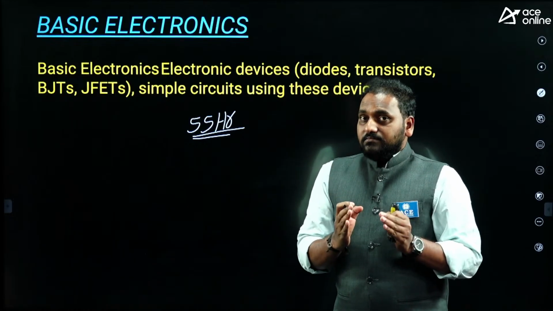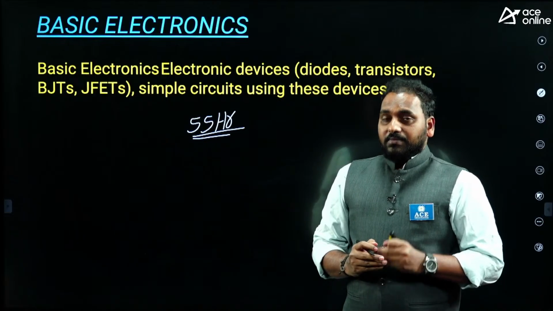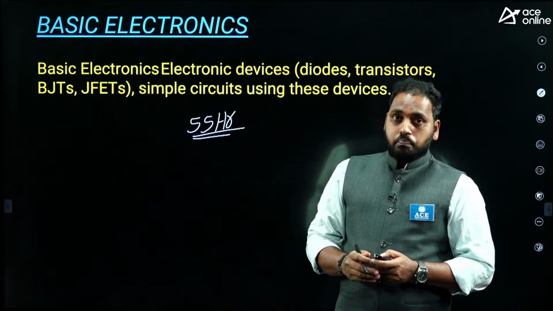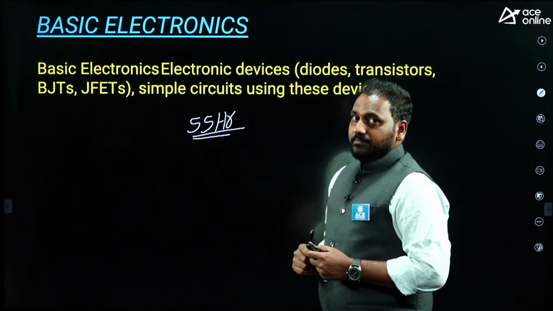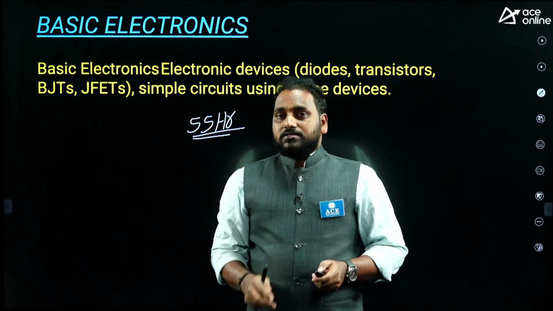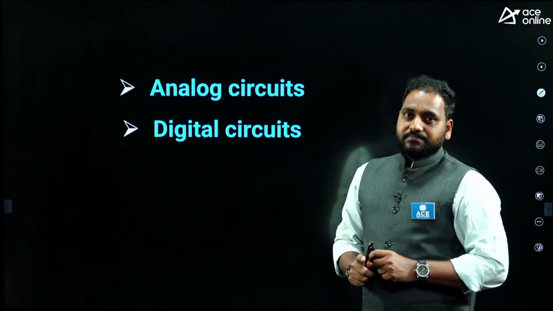In fact, basic electronics is given in the syllabus, but some questions are found from digital electronics also. That's why in the self-paced program, I have separated the basic electronics into 2 parts, analog circuits and digital circuits.